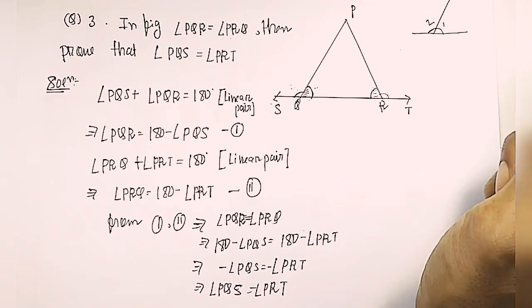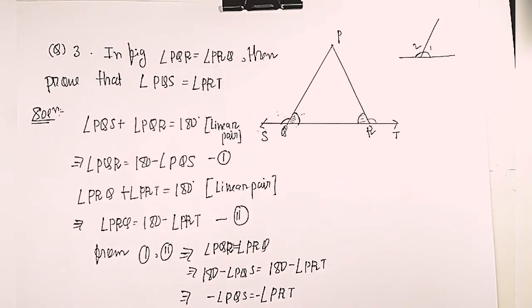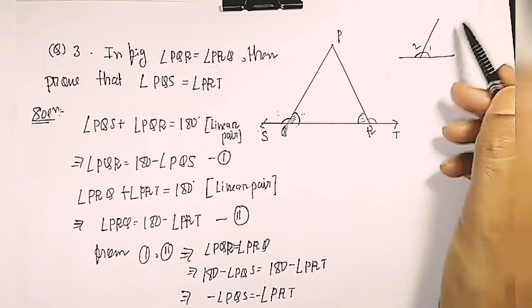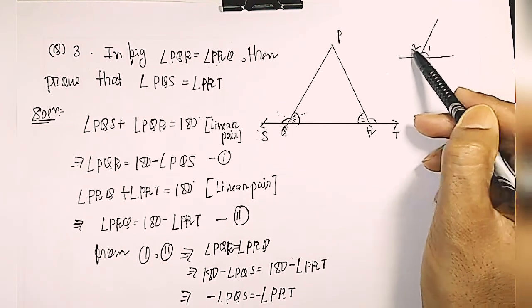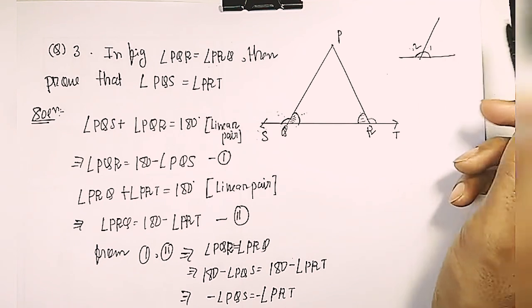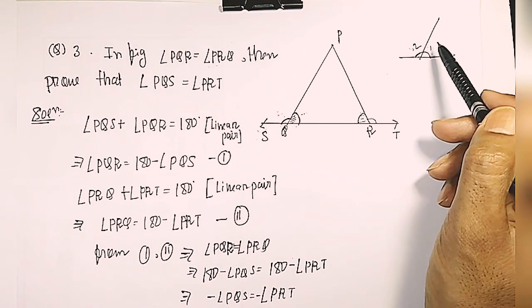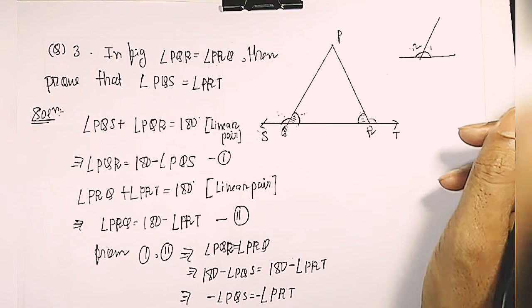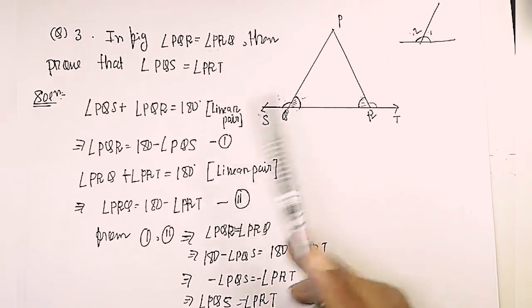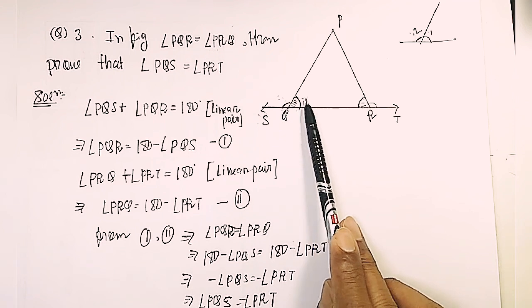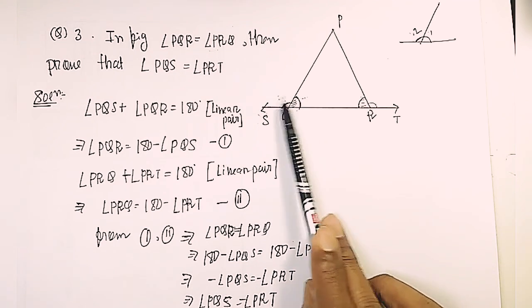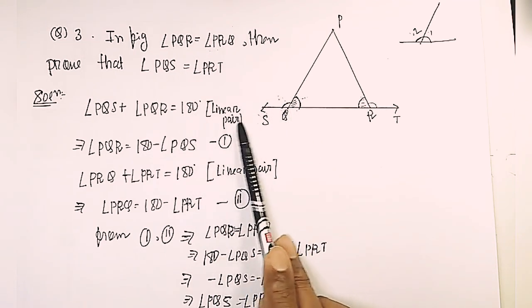The concept of the linear pair and straight angle is the same. This line is cut by another line at this point, then we will get the linear pair. We have already learned in class 7. And the concept of the linear pair and straight angle both are the same. So don't confuse. So in this case, PQS this angle, PQR this is the other angle. The sum of these two angles should be 180 degrees because of the linear pair.